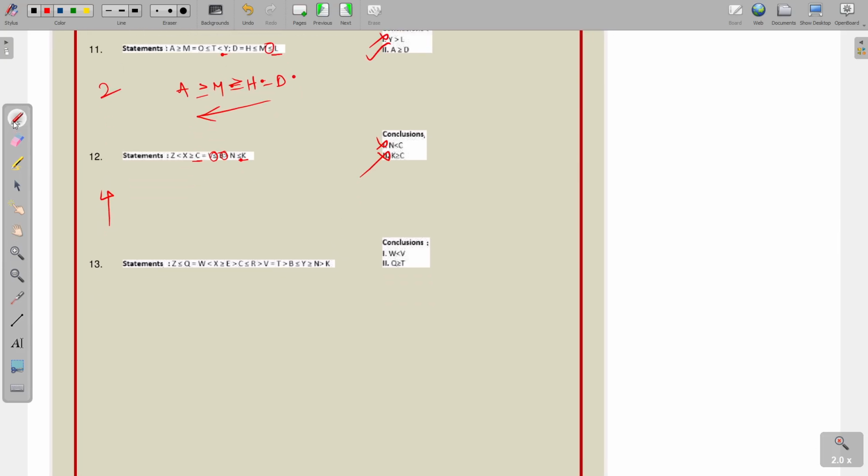Next, coming to the 13th one, W less than V. So, W here and V here, and here we have opposite signs. So, first one is not correct. Coming to the second conclusion, Q greater than or equal to T. So, Q here and T here. So, here also both opposite signs.